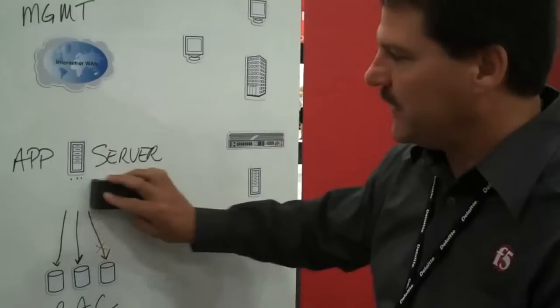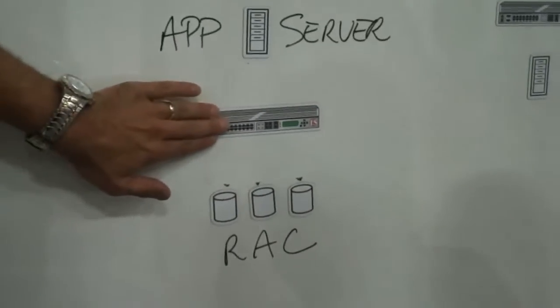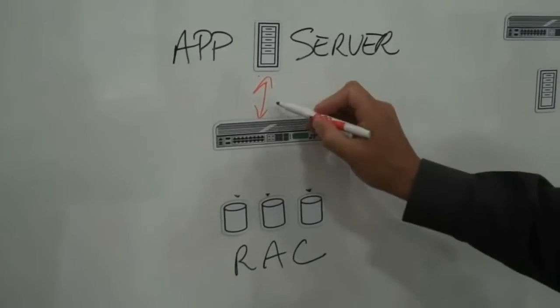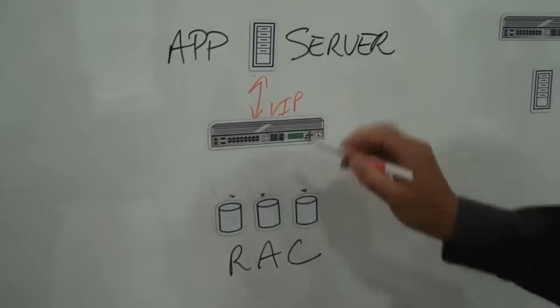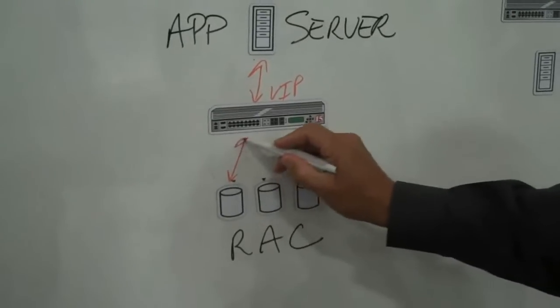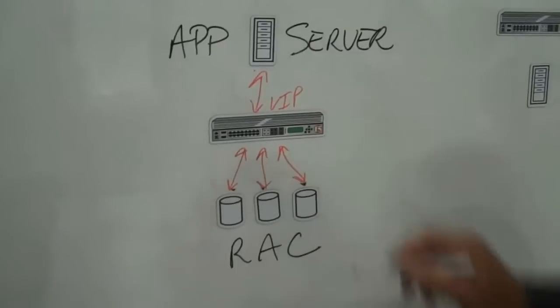So what we do is we insert an F5 device between the application server and the RAC nodes, and we now use a virtual IP that the application server connects to, and the individual RAC nodes are now load balanced and connected through the F5.